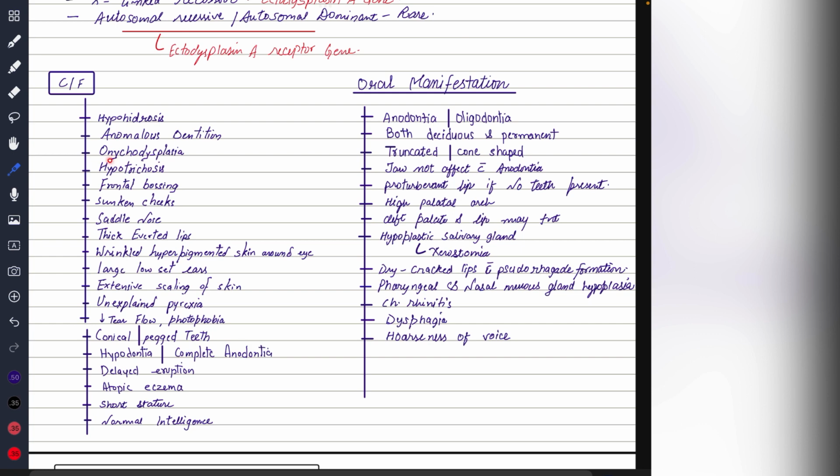Onychodysplasia, which means malformed nails. Then we have hypotrichosis, basically alopecia, or absence of hair. That is hypotrichosis.